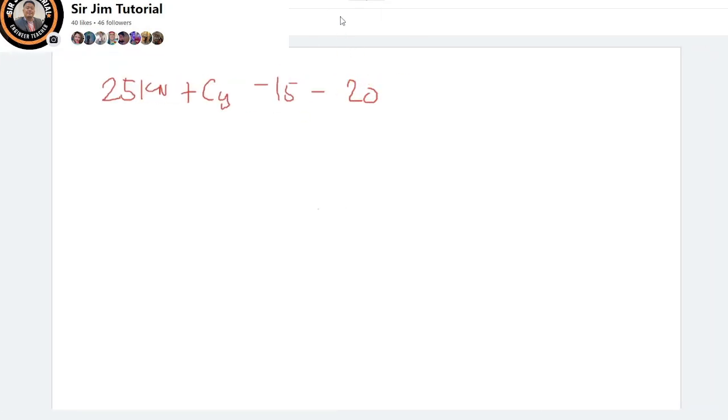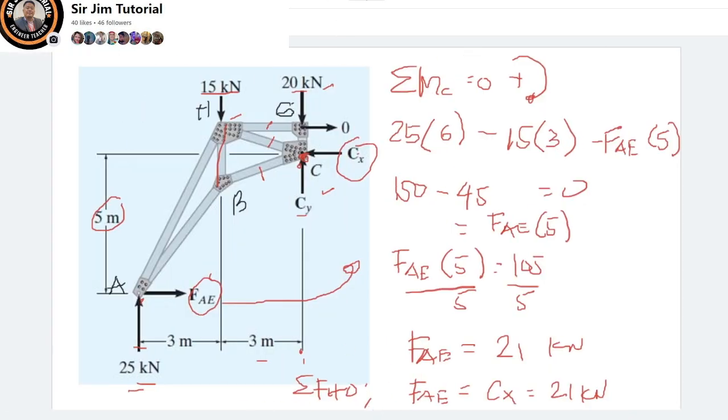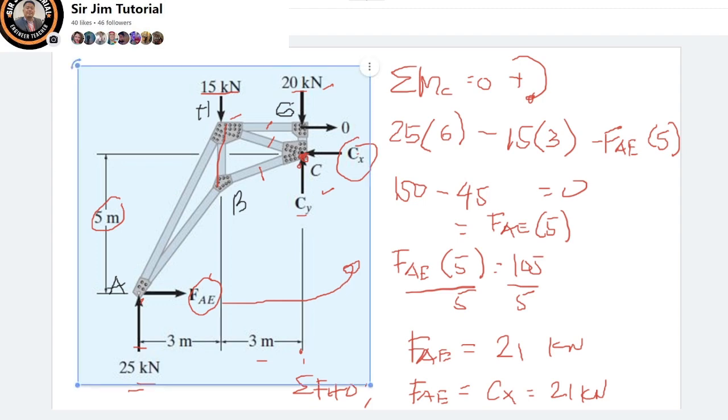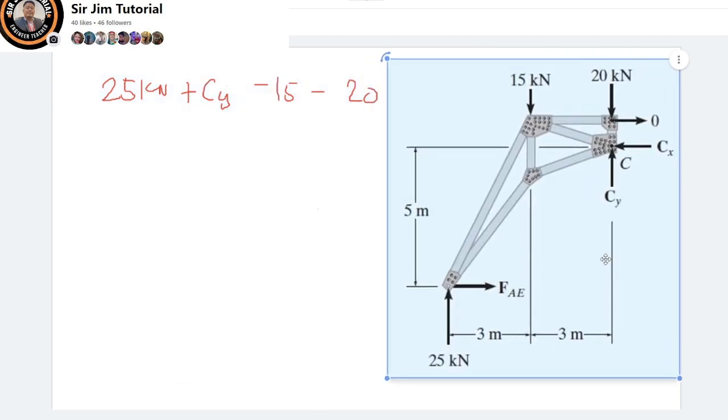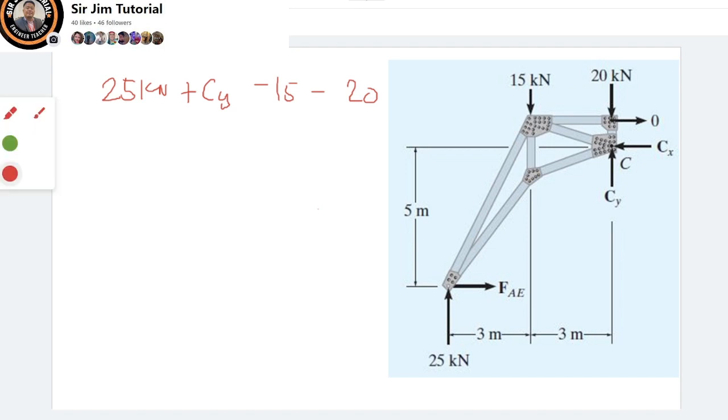Okay, let us copy this one. So that should be equal to 0.